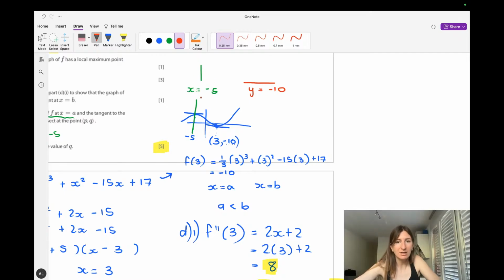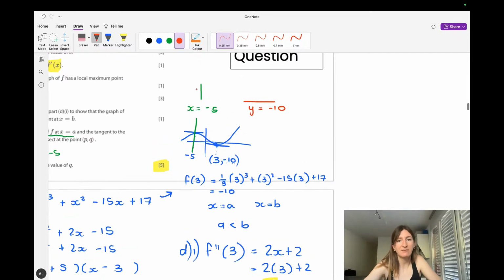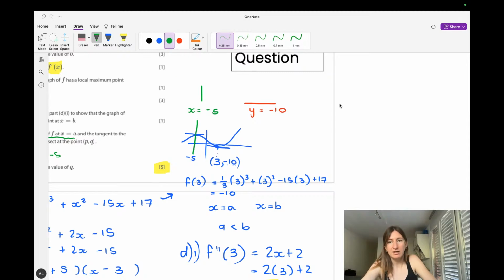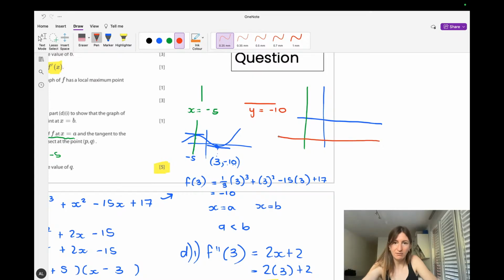And the equation of this line is x equals -5. So if I think of x equals -5, I'm now just going to draw the graph with just these two, because we want to find the point where these two intersect. x equals -5 is going to be this line going down here forever and ever. y equals -10 is going to be this line going here forever and ever.